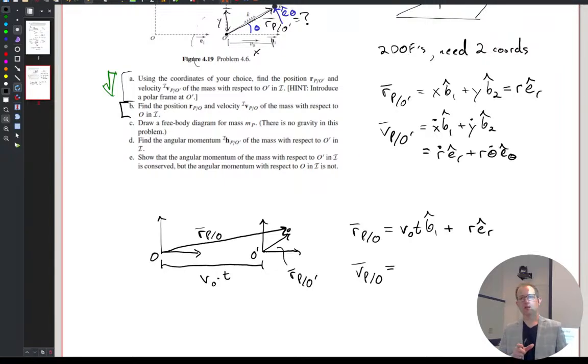Oh, it's the same unit vector, right? So whether I use B1 or E1, even though they're moving relative to each other, they're always pointing in the same direction. A vector only describes magnitude and direction, and a unit vector only describes direction. So if they're both pointing the same way, it doesn't matter where they are.